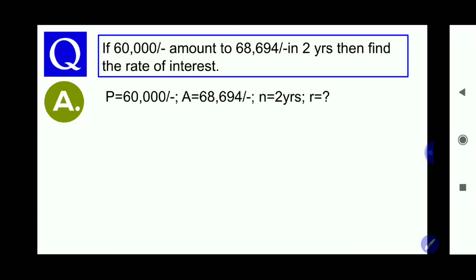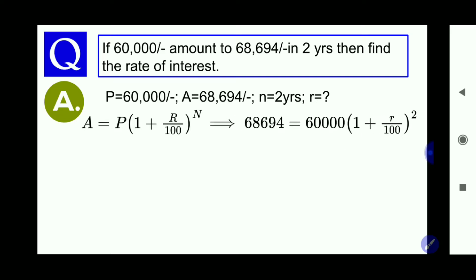Now we have to find what is R. The formula says A is equal to P into (1 + R/100)^n. That implies substitute the values. A means 68,694 is equal to P means 60,000 into (1 + R/100)^2, where we have to find R.